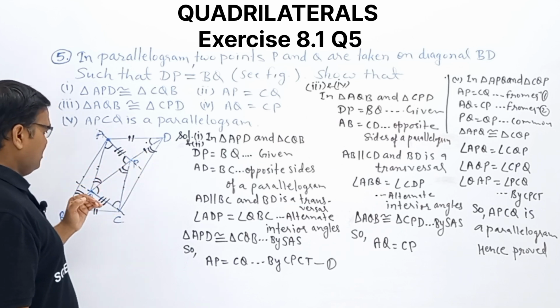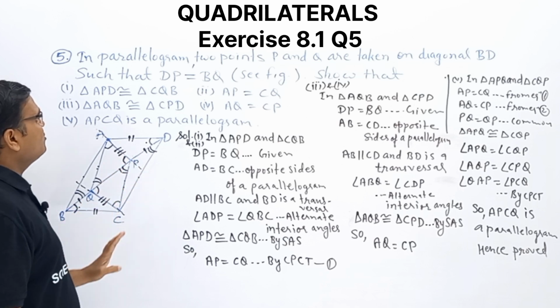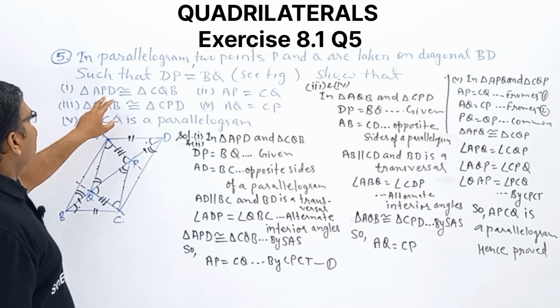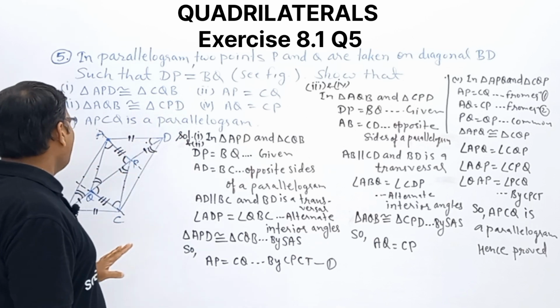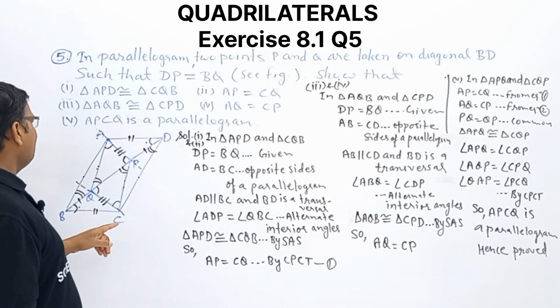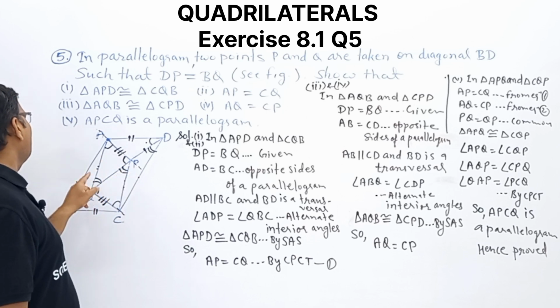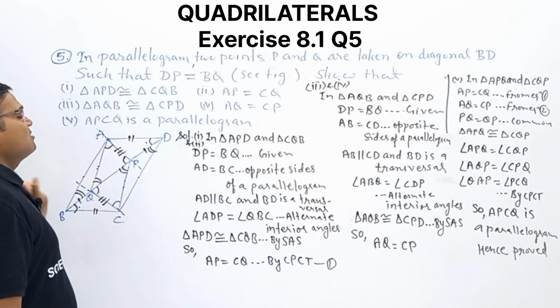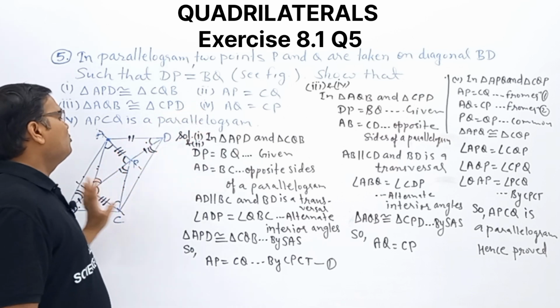So same from the side angle side congruence rule, we proved that the triangle AQB is congruent to triangle CPD. And finally, we proved the congruence. It means CP, this side of this triangle will be equal to AQ of this triangle. So fourth one also we proved.